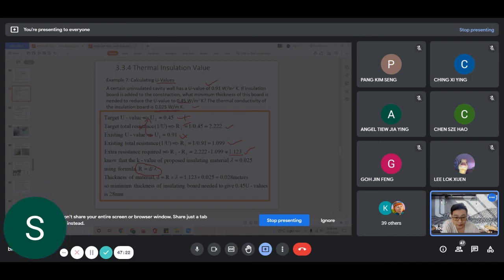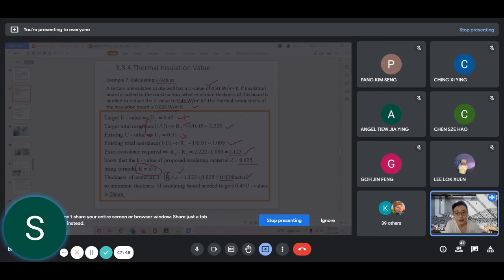So we have this R, which we can just put into here, and then we have lambda, which is given. So we work it out, you get one value. Do note that this value that you got is in meter. And then with that, you convert it into mm, you get 28 mm.